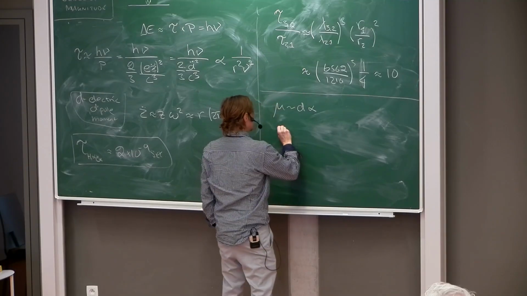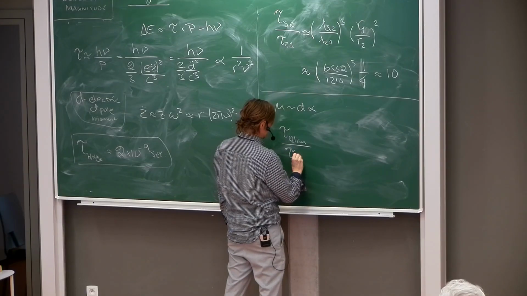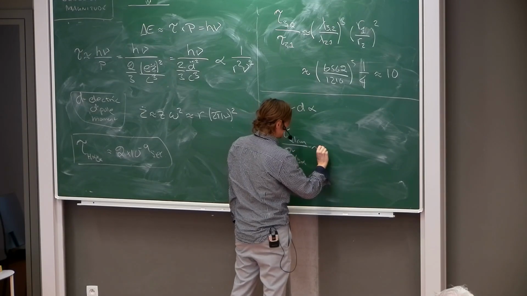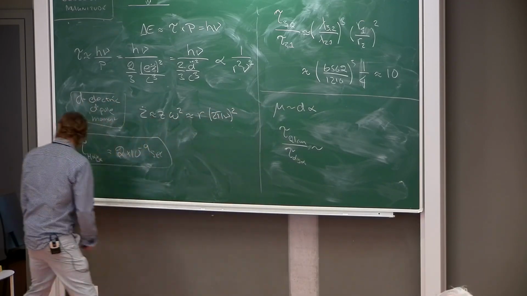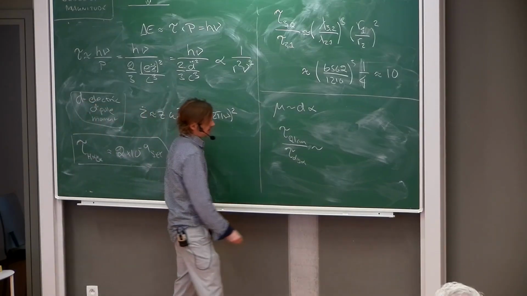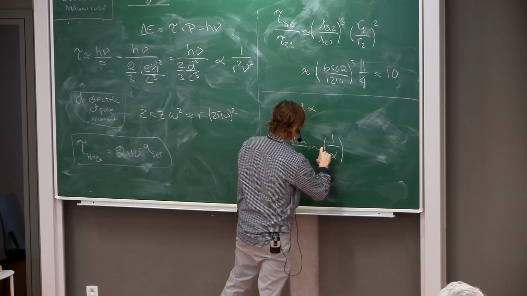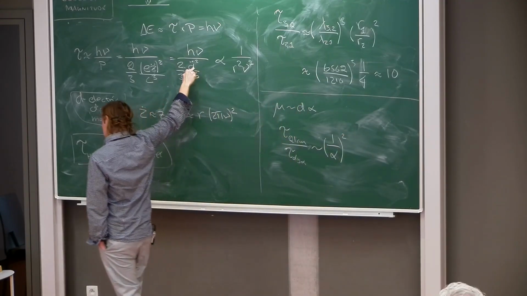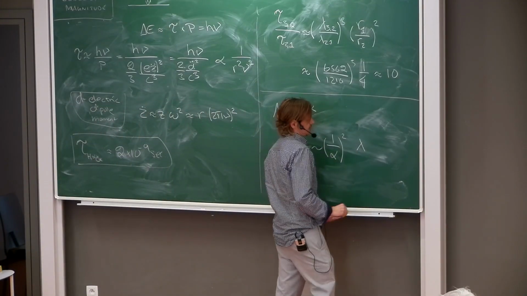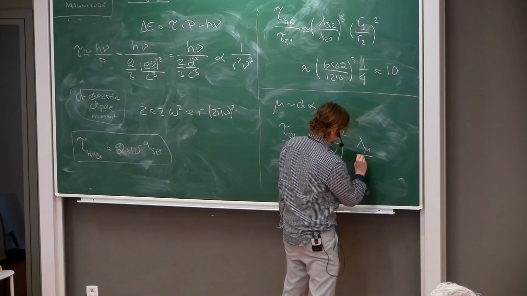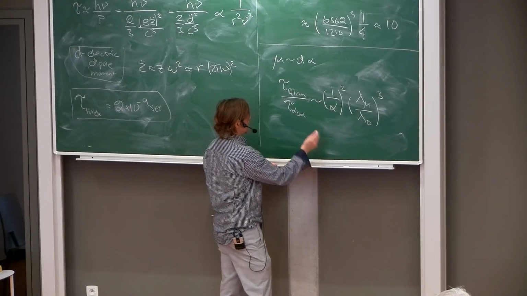So if we want the tau of the 21 centimeter divided by the tau of, say, Lyman alpha, then we will get one over alpha squared, because the dipole enters as a square, and then lambda 21 centimeter, or mu if I call it the magnetic dipole, to the third.